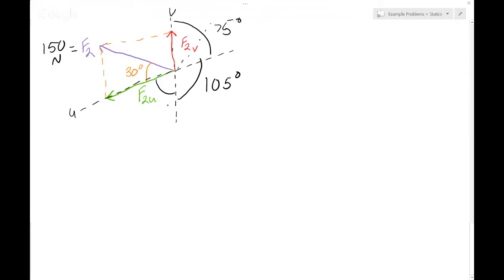And since this is an opposite angle, it has to be 75 degrees as well, which means the total here has to be 105 degrees. Which means that this component right here has to end up being this subtracted 30 degrees, which gives us 75 degrees.